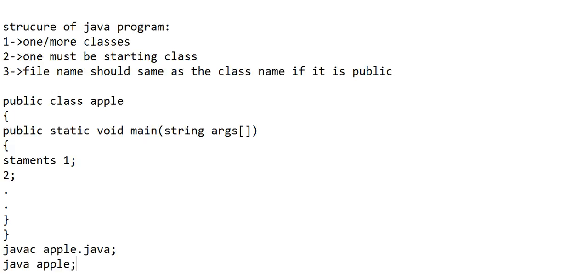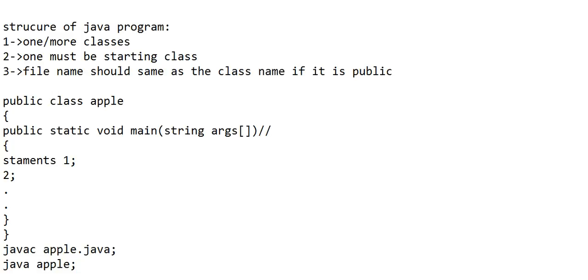But in C++ you studied how you call a method. If a class name is Apple, suppose you create an object, Apple a, then you call the method as a.main. How do you call it in C or C++?